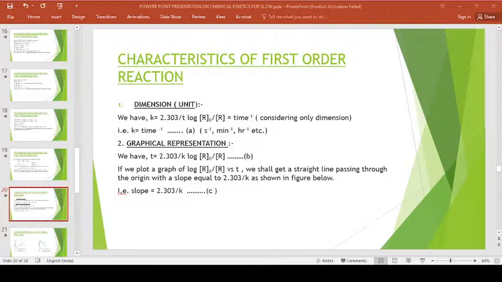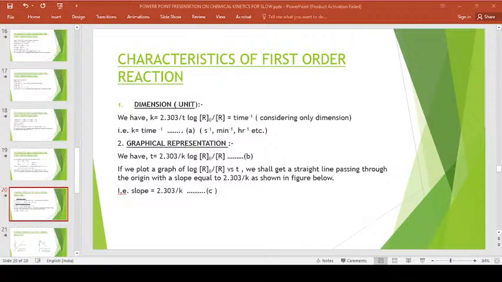You have to take the sum of these two, that is 3 by 2 minus 1, which is half. If the order is half, which is not a whole number, it is called a fractional order. Now let us see one more question.